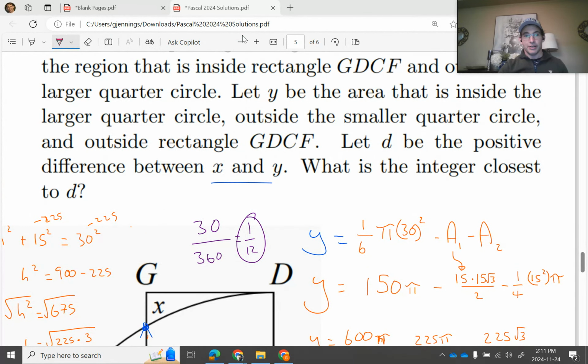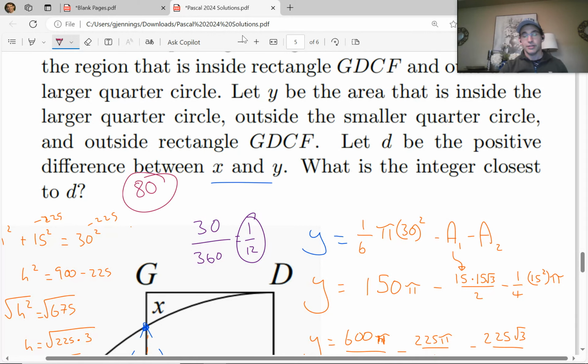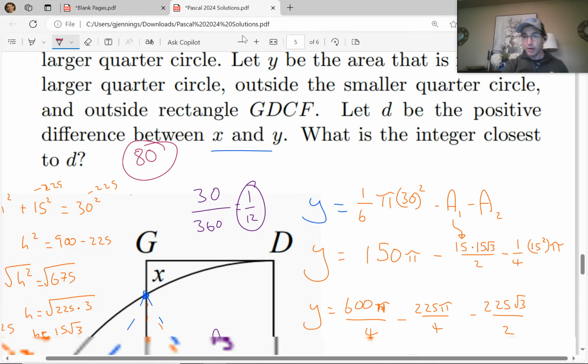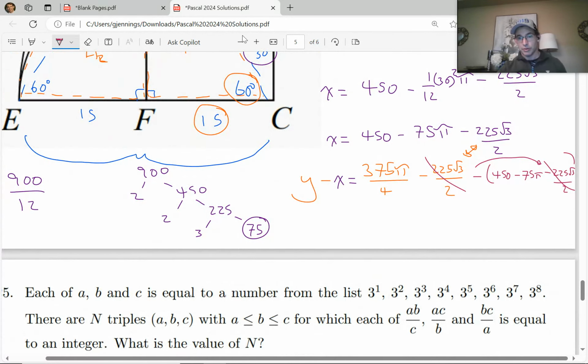That's how this one is done. 80 is your final answer. Approximately equal to 80. So y minus x is equal, by rounding, to 80.